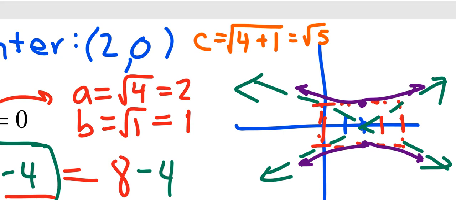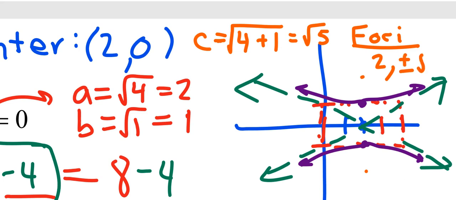Add it to the center. Do we want to add left and right or up and down? Up and down. So we're up here and down here for our foci. What are those foci? Looks like it's going to be 2 comma plus or minus radical 5.